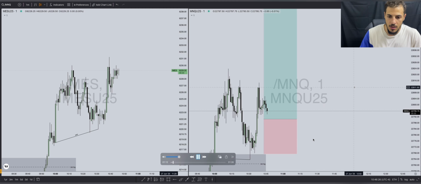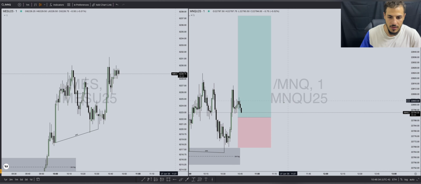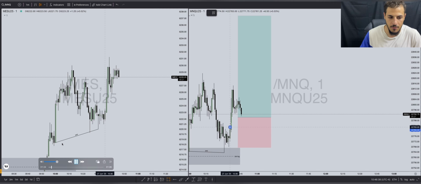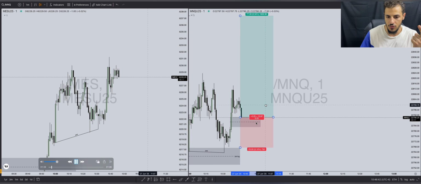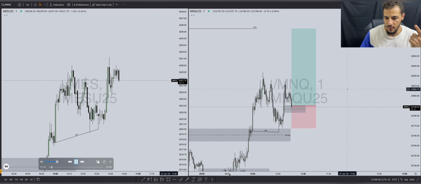So what I usually wait for is for the displacement to happen specifically during the macro. Now, from experience, whenever the displacement happens, if we see here, we have the SMT, so that's one. The draw is higher, that's two. We have the Judas swing, the fake out, a little bit lower before this, right? We didn't catch the entire move from here.